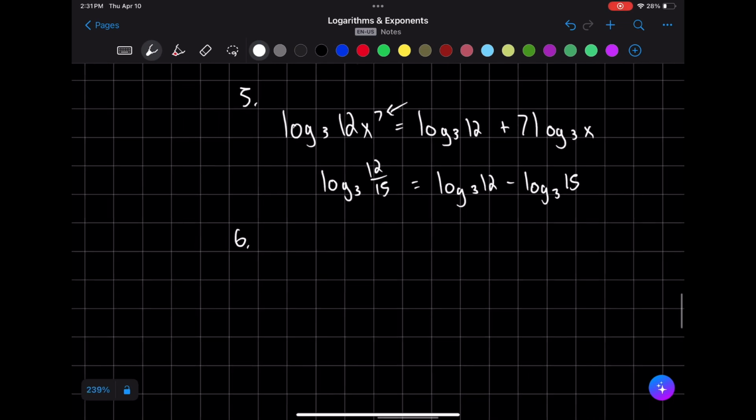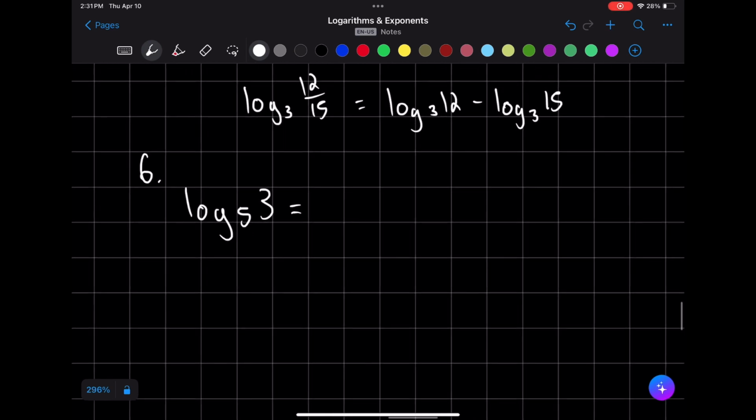Okay, so last thing we have to do is this one rule. It's a pretty easy rule. The way I think about it is, if we have a number, let's say log base 5 of 3, we can split this up like this. So first we start with this and with this. And this is when we're solving for it.